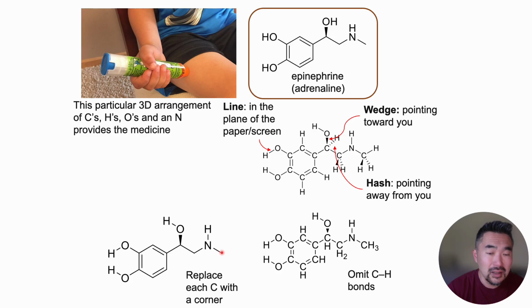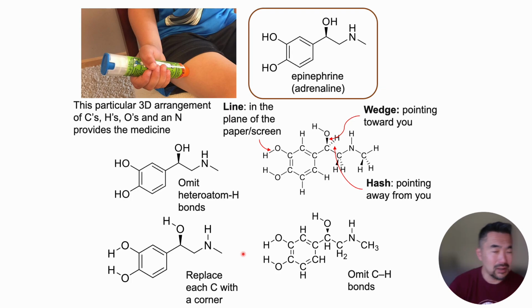There's a carbon here, just like there's a carbon there, and so forth. Even this is a little busier than it needs to be, so often we omit the hydrogens on heteroatoms, so that instead of drawing NH, you could draw just N bonded to H, and so forth.